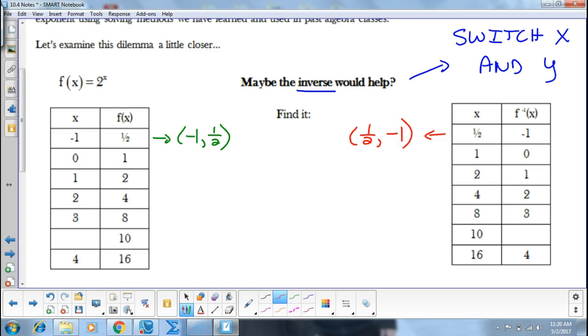We took the x and the y and we flip-flopped them. We switched them. Okay? So do the left side in 1 color, do the right side in another color, and then we'll talk about it. Ready? Steady? Go.